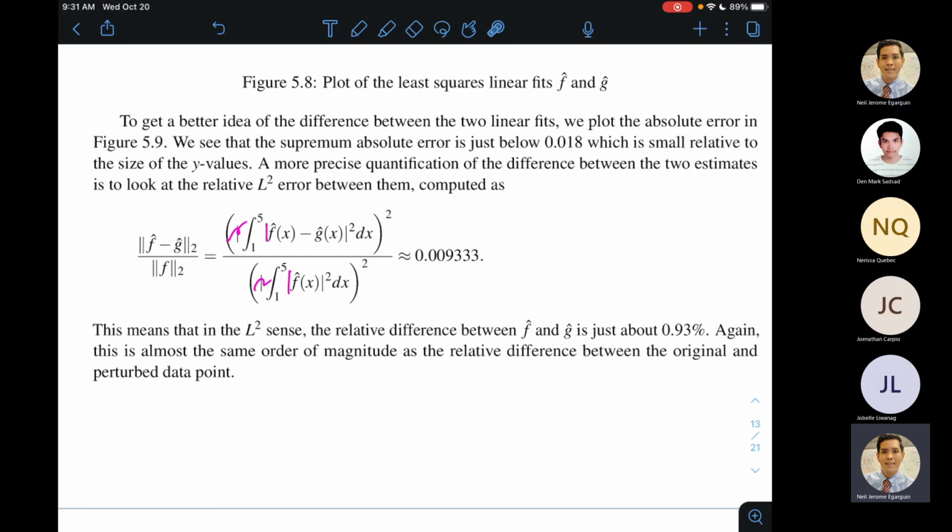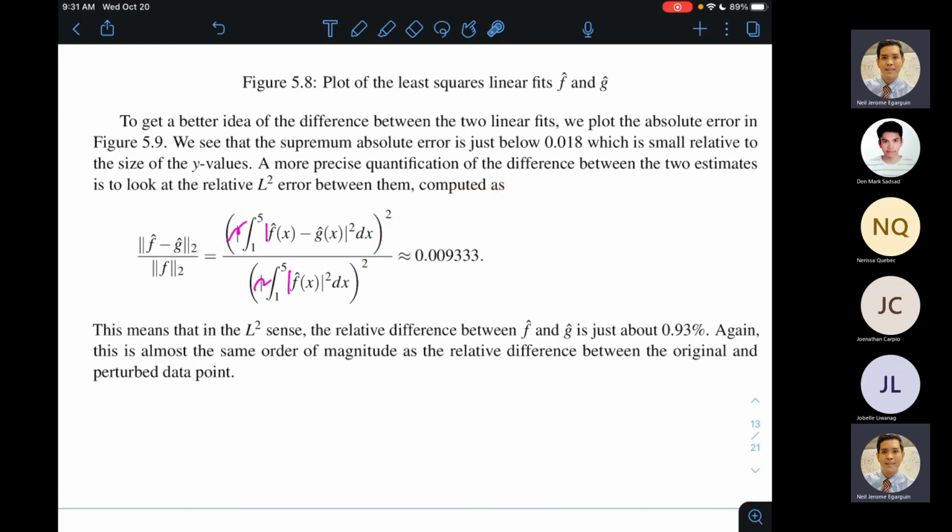Right? And yeah, kaya sinasabi ko, ini-stress ko na ito ay indication lamang. Hindi to actual proof. Kasi yung actual proof ng stability, dapat ipakita ko na kahit anong perturbation doon sa data points, dapat maliit lang yung percent difference. Kaya lang baka dito sa example natin, naging maswerte lang ako na yung nagamit kong random numbers produced good results.